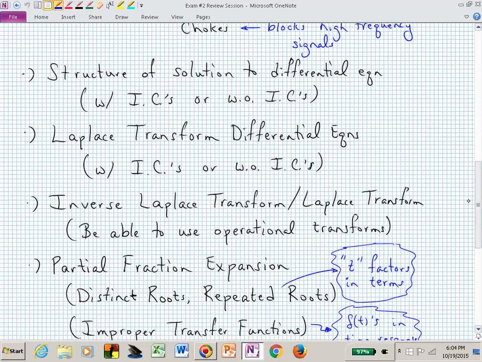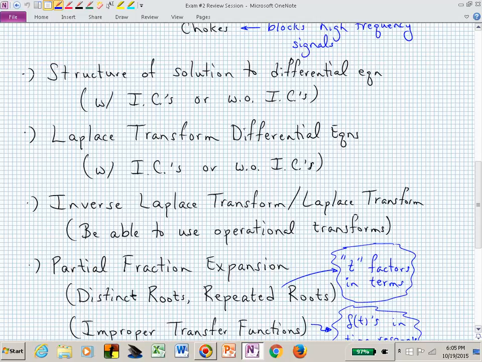Is it clear if I ask you for the structure of a solution? If I ask for the structure, I don't need you to find the partial fraction expansion coefficients. Now you're mad that you bought that calculator. But if now I just want you to find the roots and use those to determine the structure of your solution, these could be exponentially damped sines and cosines.